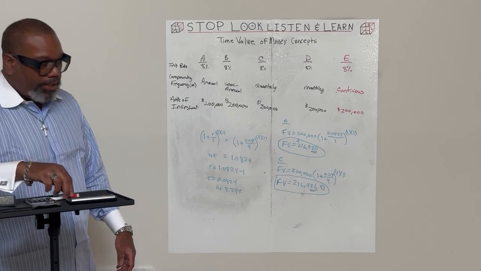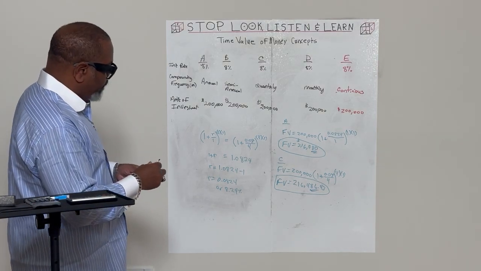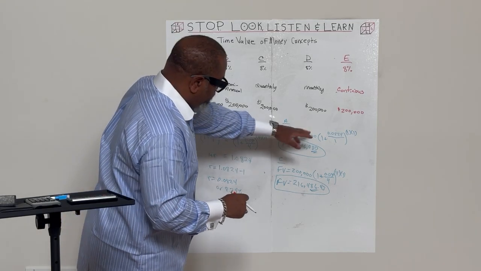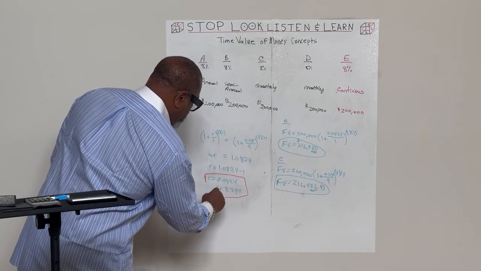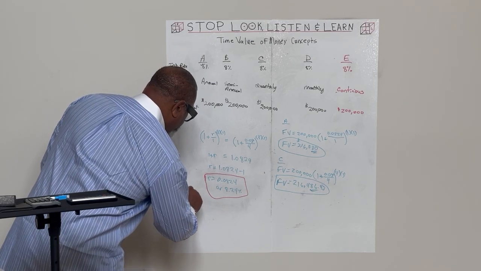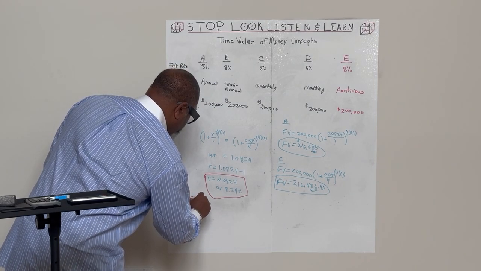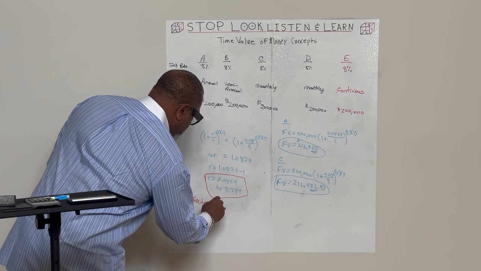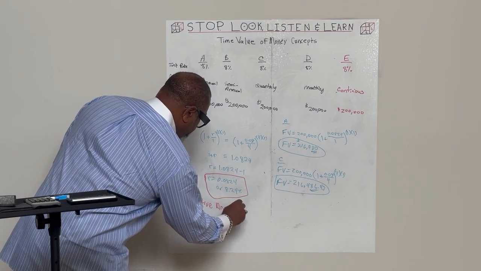So one thing to note here, and I want you to write this down in your notes, is this 8.24%. This is referred to as the effective annual rate.